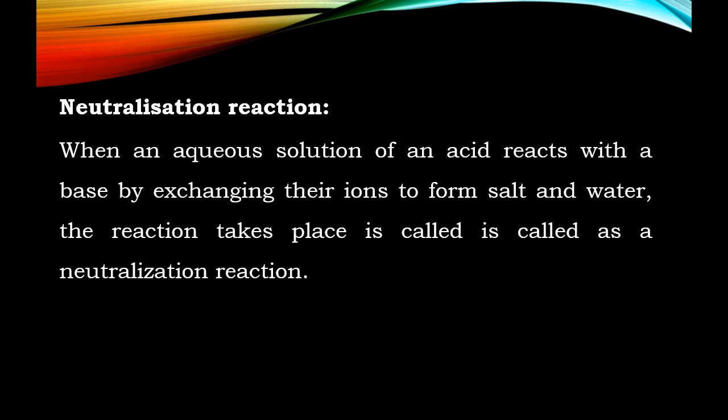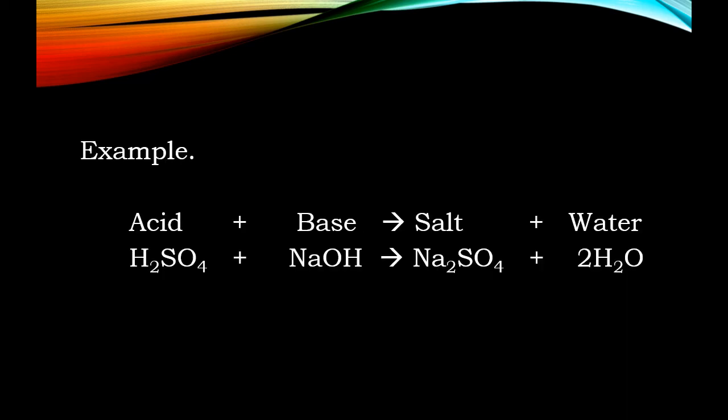One example of double displacement reaction is that of an acid and a base. For example, as we can see here, H2SO4, that is sulfuric acid, plus NaOH, that is sodium hydroxide, will react with each other and exchange their ions to form Na2SO4, sodium sulfate, and water molecule.